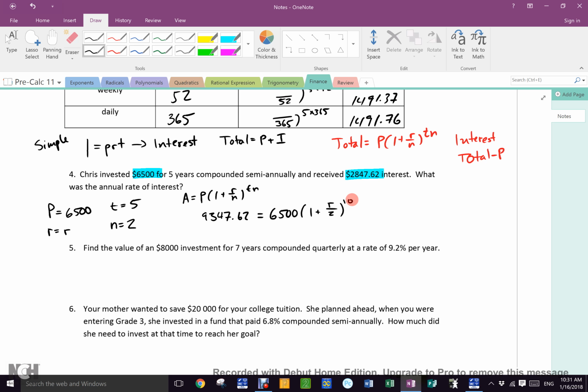Do you guys have the algebra to solve that? How do I get rid of this times 6,500? I'm going to divide both sides by that, yes? So do that. What's 9347.62 divided by 6,500?